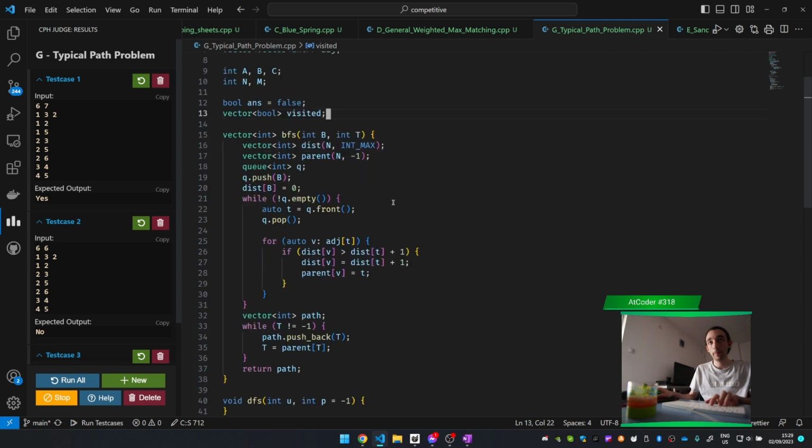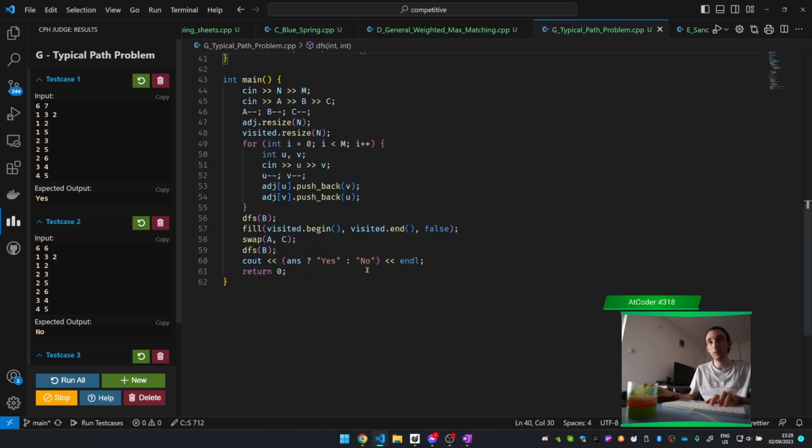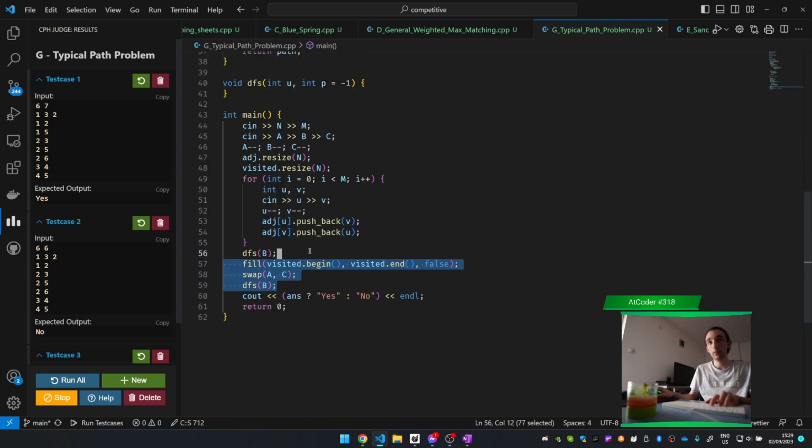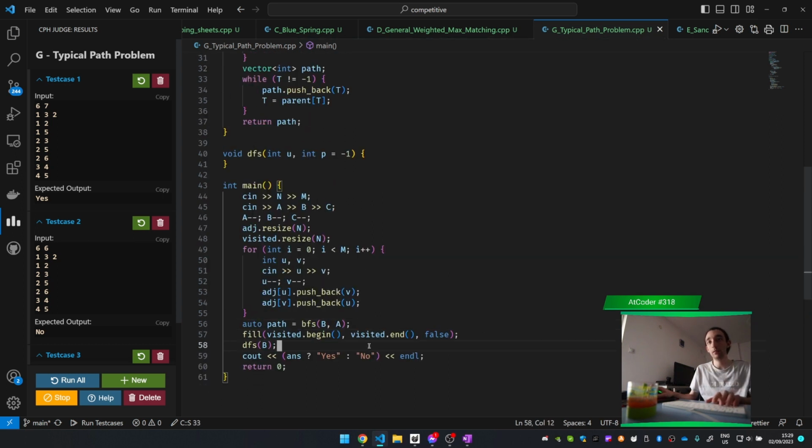Okay, so first, what we're going to do is path is BFS at B to A, and then path is BFS at B to C, right?